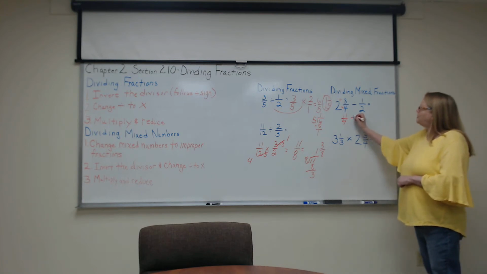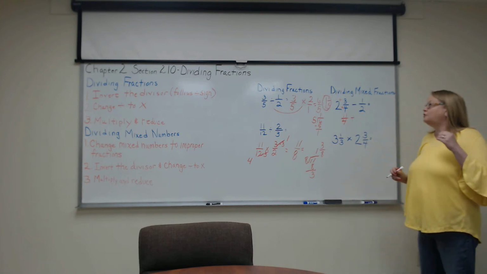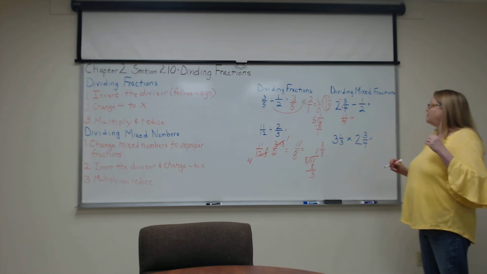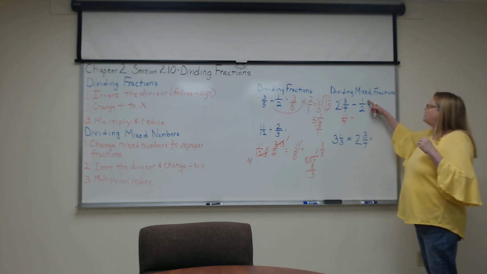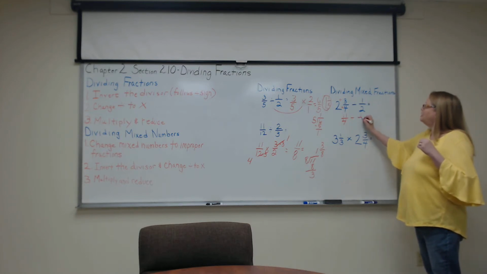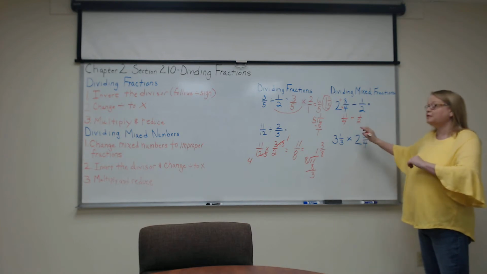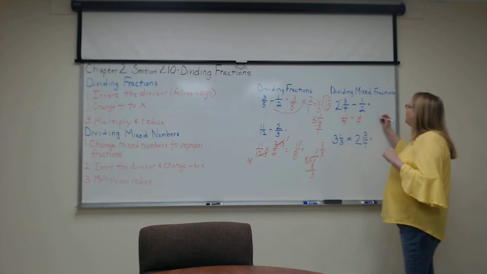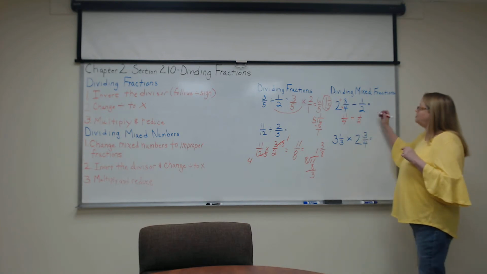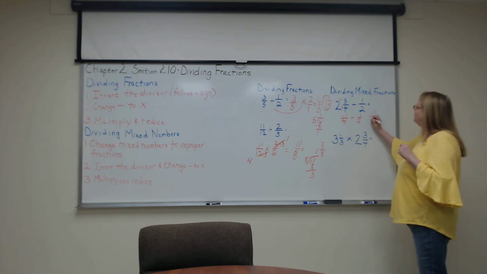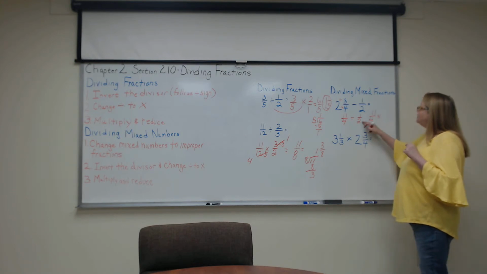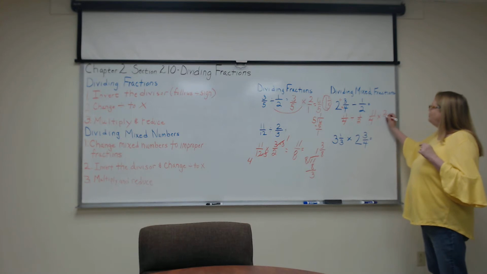We're going to keep it this way because we need to recognize that this stays the same, at least for this first step. Then we're going to flip like we did before. So we have 11/4 times 2/1.